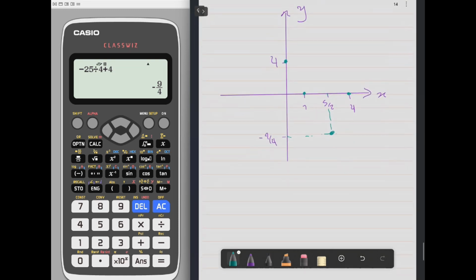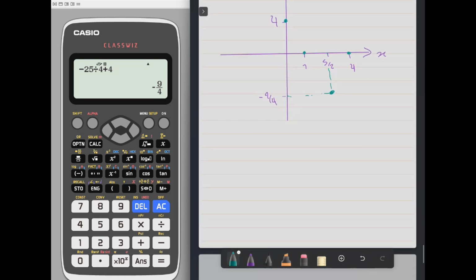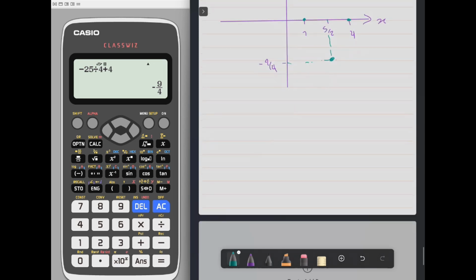And guys, there is an interesting thing going on here, if you pay attention or not. 1 plus 4 divided by 2 is equal to 5 over 2. So we know that for a quadratic, the turning point is in the middle of the two roots, right? The x-coordinate of the turning point is in the middle of the two x-intercepts.